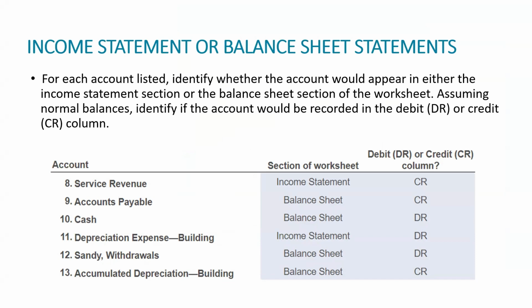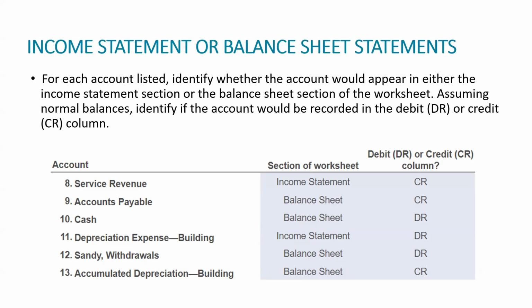The income statement or balance sheet statements. Now, for each account listed here, you identify whether the account would appear in either the income statement section or the balance sheet section of the worksheet. Assuming normal balances, identify if the account will be recorded in the debit or the credit column.